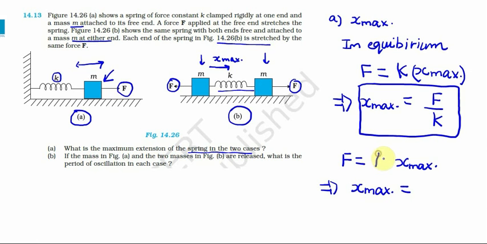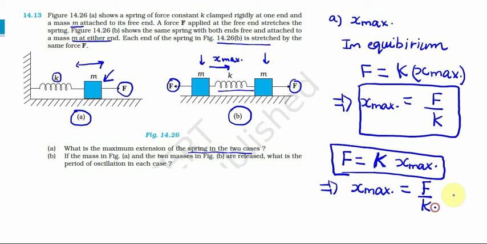Because restoring force is equal to spring constant times the displacement, which equals the applied external force in magnitude in equilibrium. This implies X max is equal to F by K, which is the same as in figure A.